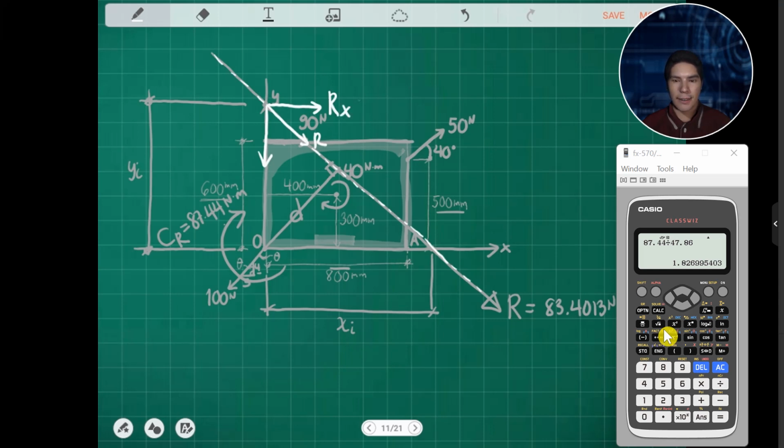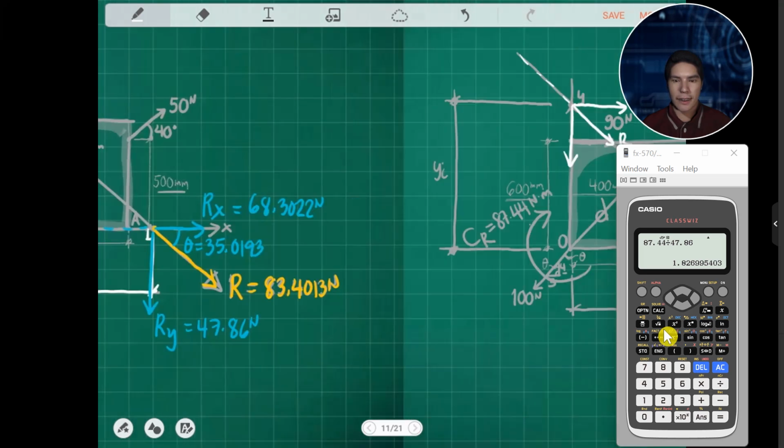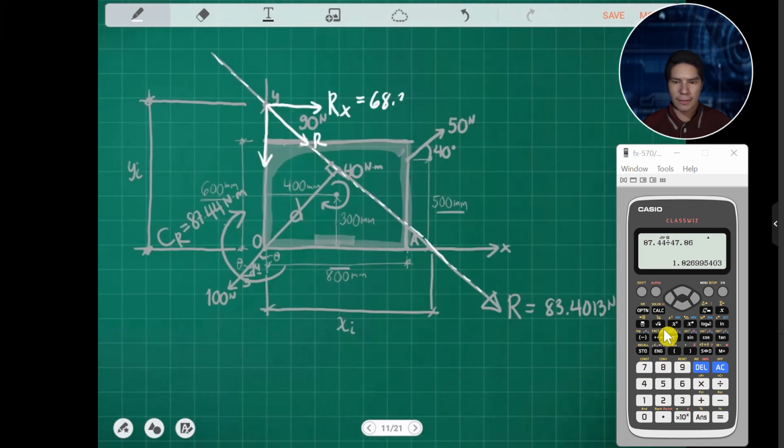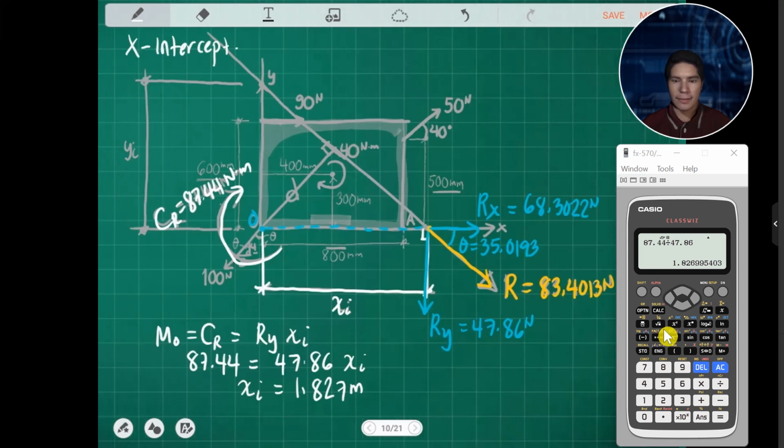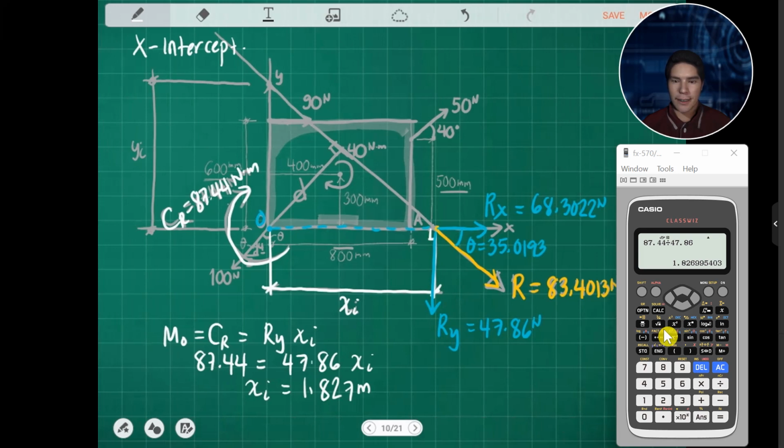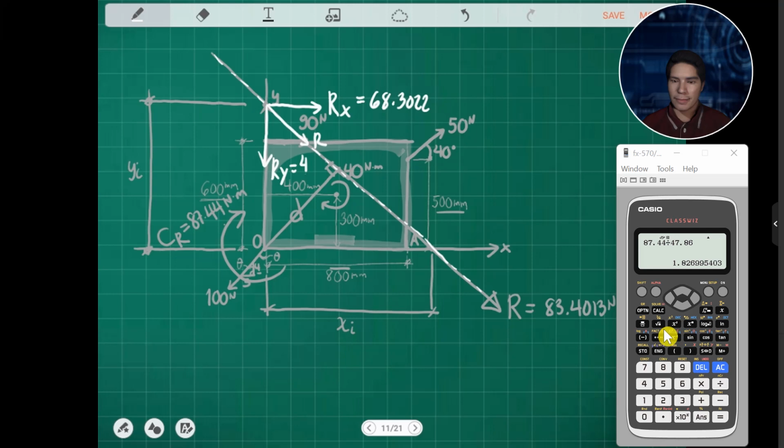So this one is also Rx, which is 68.3022, and then ito is for Ry na 47.86 Newton.